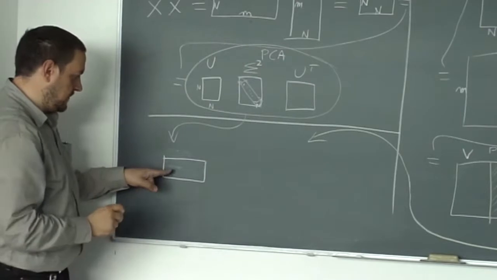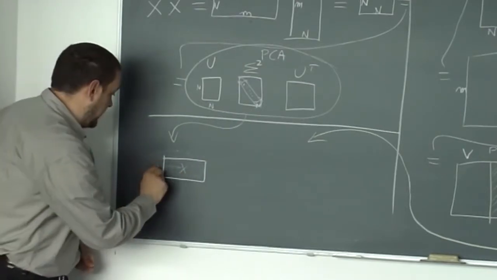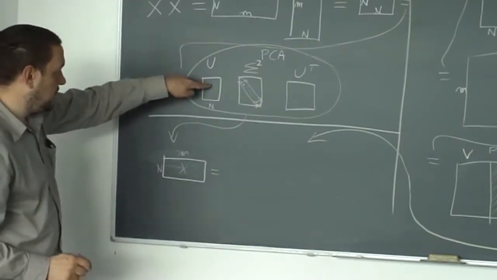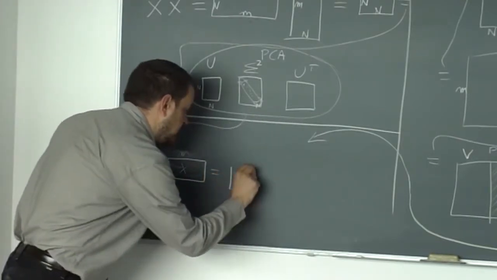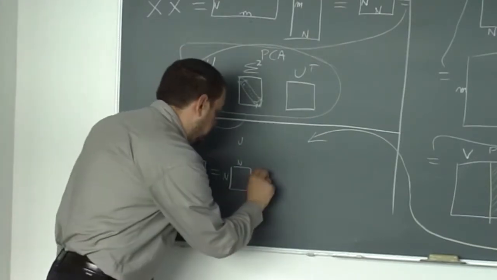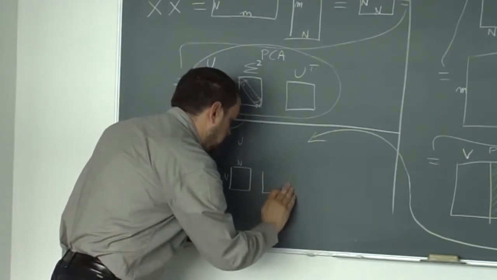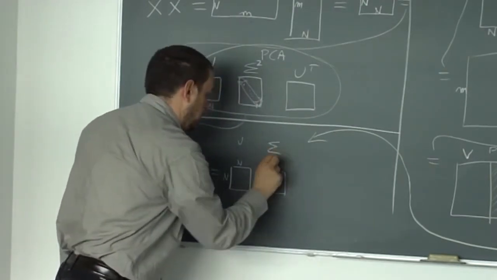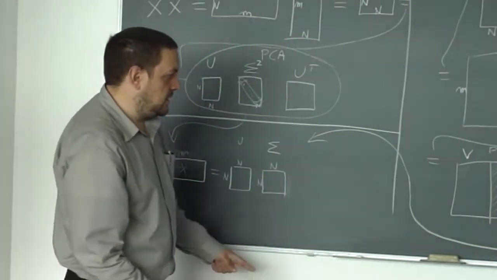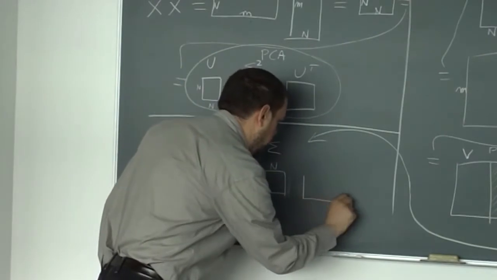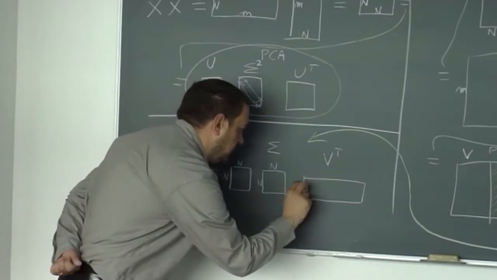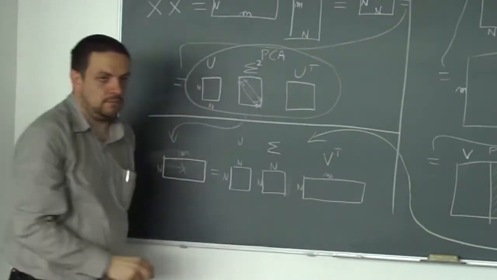This X matrix, which is n rows by m columns, is the product of U, which is n by n, sigma, which is also n by n, and V transpose.